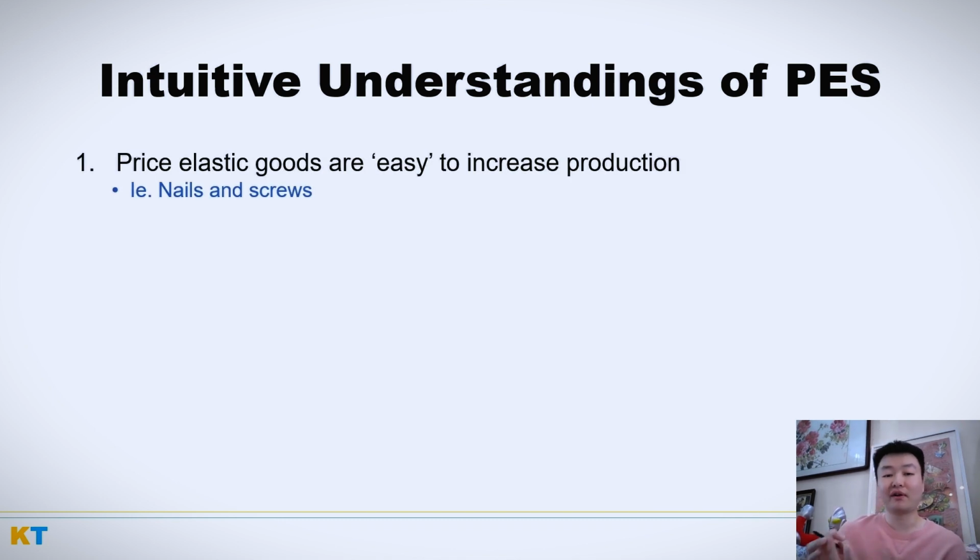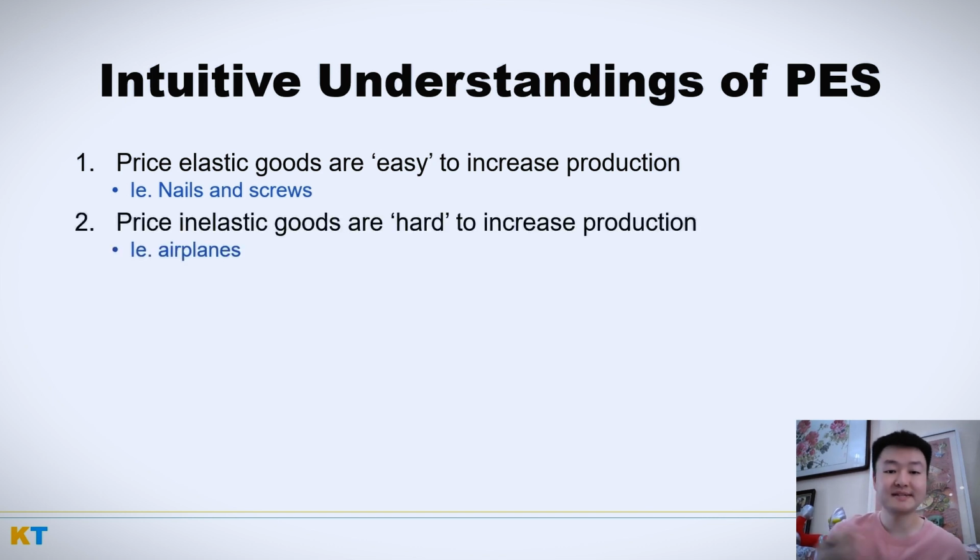Price elastic goods are easy, right, to increase production. So we're thinking about like nails and screws. Something relatively straightforward to make would be good examples. Price inelastic goods are hard to increase production. Okay? They're hard to make more of, right? So for example, airplanes, right?